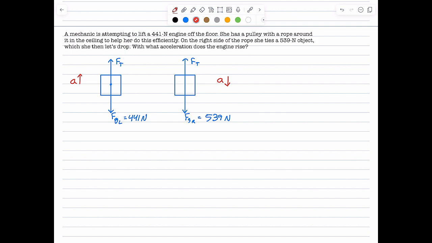All right, so now at this point, I am ready to start plugging stuff into my equations. As always, we are just using Newton's second law. So the sum of forces along the y-axis for the left object is going to be equal to the forces that make up its net force. That's going to be the tension force plus a negative gravitational force, because acceleration is dictating which way is positive and which way is negative.